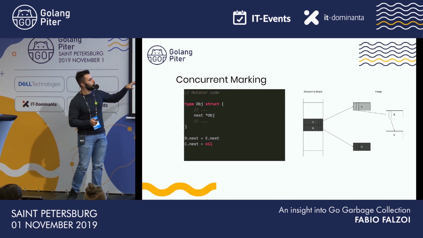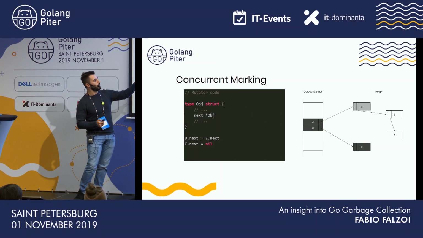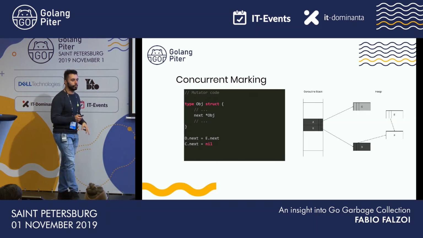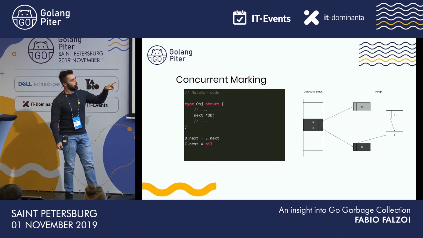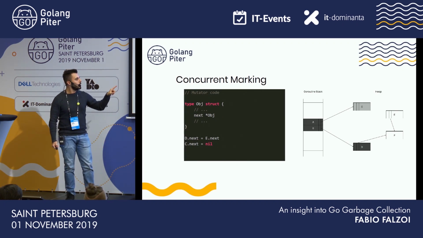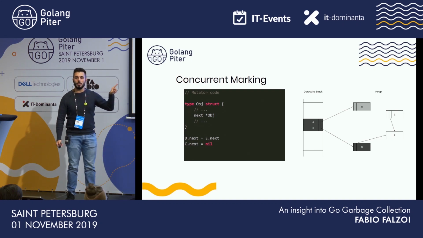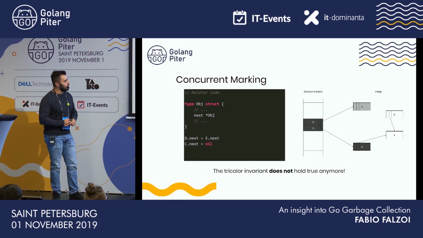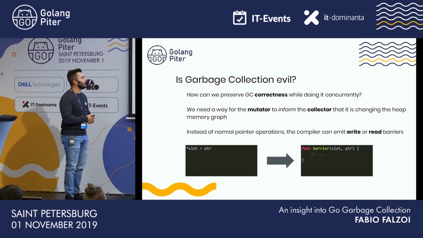What we are trying to do is simply delete the pointer from C to E and move it from the D object to the F object. But if I do that, the problem is that now I have a direct pointer from a black object to a white object. So at the end of the garbage collection, the F object will be incorrectly reclaimed. In other words, the tricolor invariant does not hold true anymore if we don't do anything.